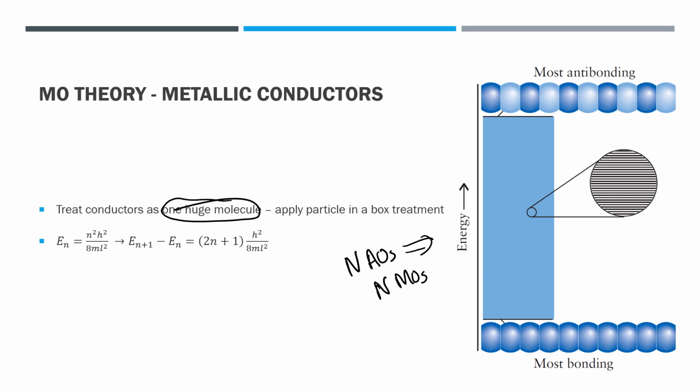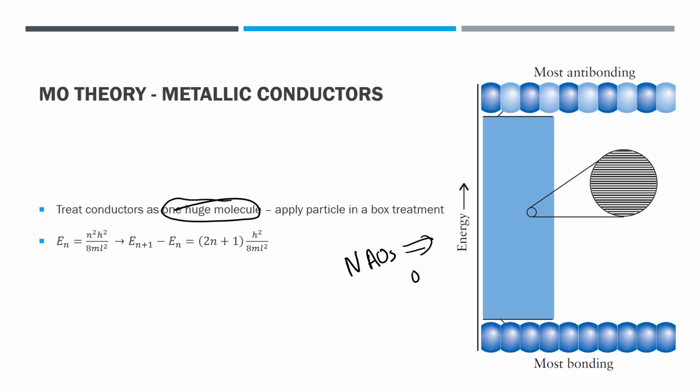If we think about how many atomic orbitals are in this entire solid structure of metal, that's a huge amount, so we're going to have the same amount of molecular orbitals. The number of these delocalized molecular orbitals is going to be massive.